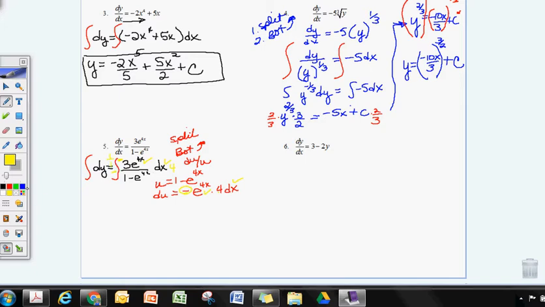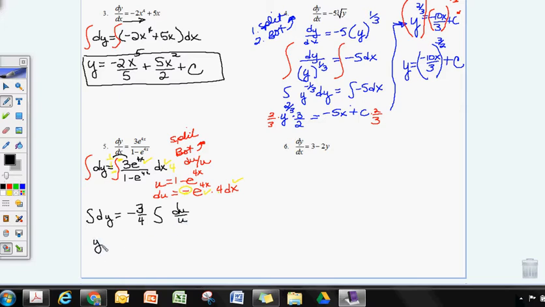So now I got to rewrite this. So what do I have left? I have the integral of dy equals the negative and a 1/4, and the 3 here I'm also going to bring out. So that 1 I'm actually going to make into a 3 now so you can see where it went. The integral, and then I have a du over u left.